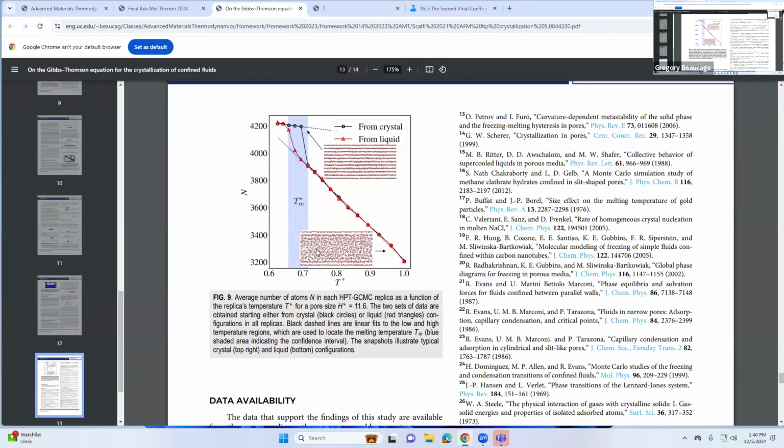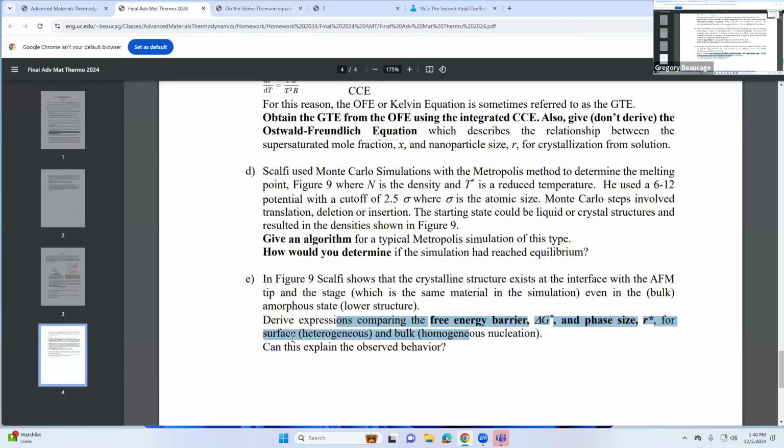In this case, this is amorphous, that's crystalline, and you can see that it's crystallized at the surface. Depending on how deep the surface crystallization goes, you could get that. It might not have anything to do with Gibbs-Thompson. It might just be surface-induced crystallization.